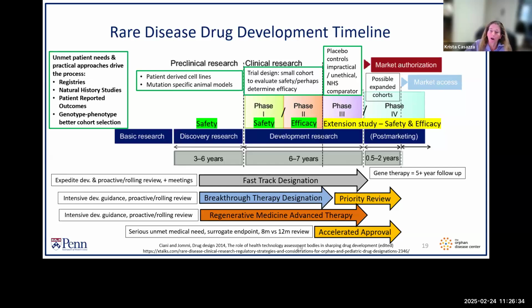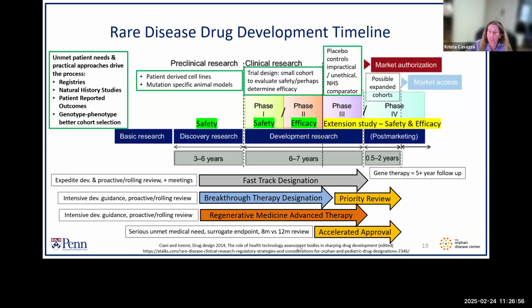And so overall, biomarkers help assess the exposure, distribution, the mechanisms, and even early identification of responders versus non-responders. And these biomarkers are then used in regulatory submissions as surrogate markers to predict long-term clinical benefits.